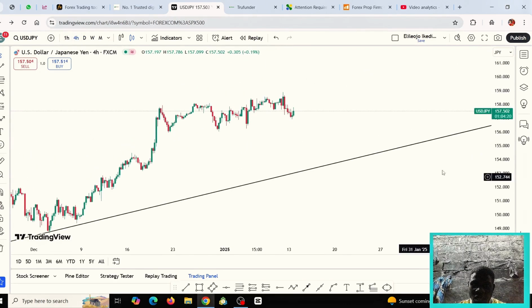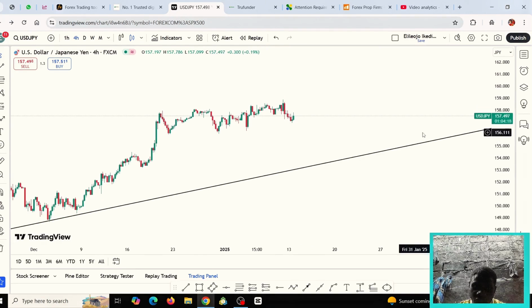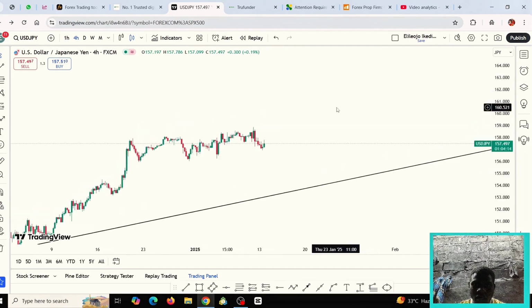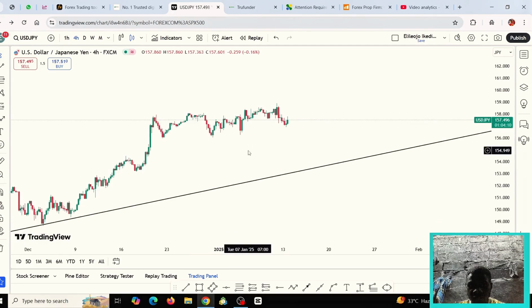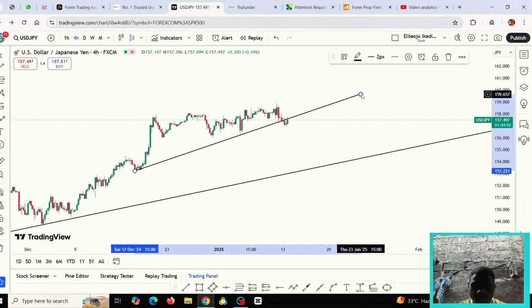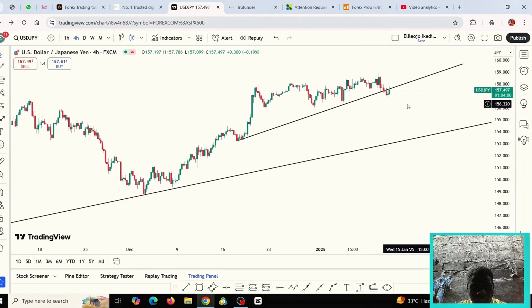This trend line that we drew on the daily time frame will become invalid. We will now have to draw another trend line on the 4 hour time frame. Now our trend line will have to look something like this. Our trend line will look something like this on the 4 hour time frame.